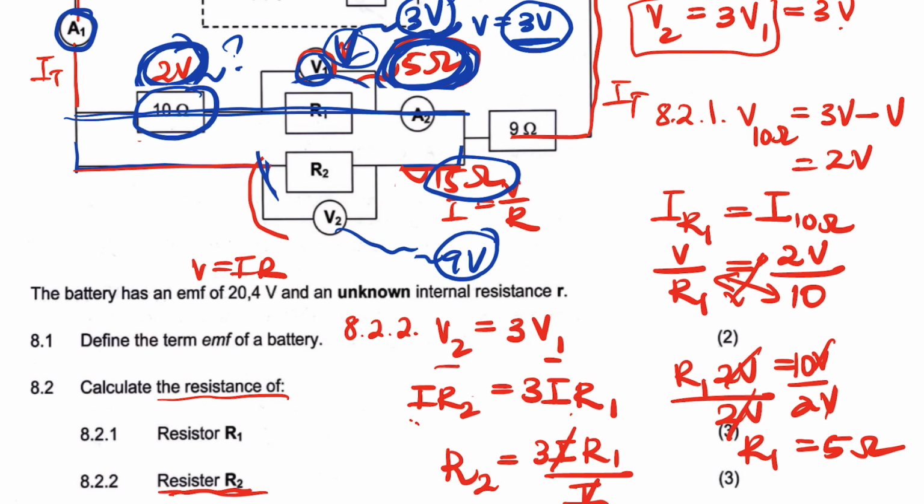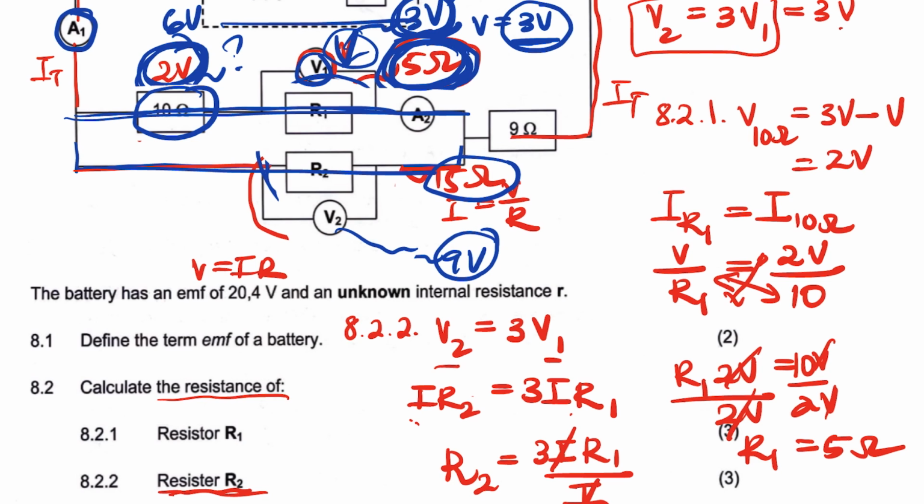And then the current here is 3 over 5. And the voltage here is what? It's 6V and 3V. That makes 9 volts. That means here it's 9 volts as well.